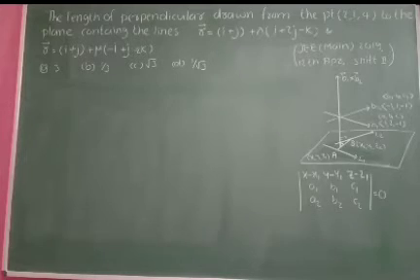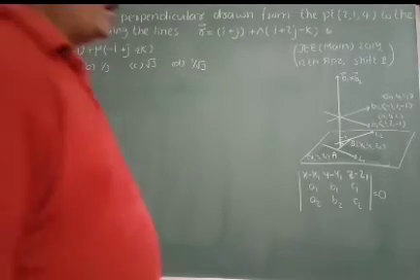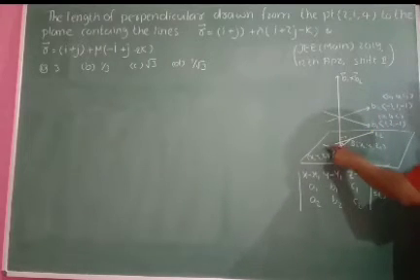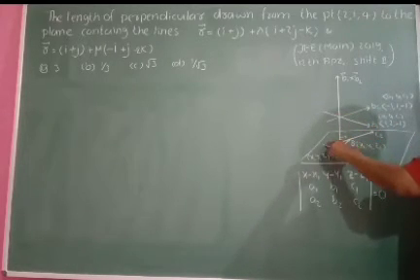Length of the perpendicular drawn from the point (2, 1, 4) to the plane containing the lines r bar equal to i plus j plus lambda into i plus 2j minus k, and r bar equal to i plus j plus mu into minus i plus j minus 2k. Four options are given. Suppose two lines L1 and L2 are there.